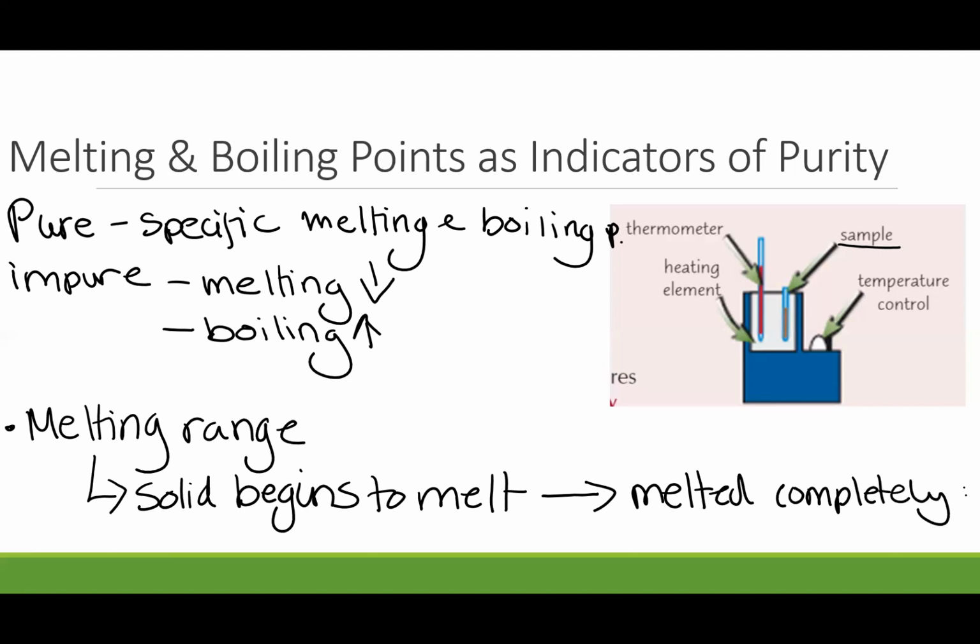Then, once we've got our melting range, we can look up the melting point of a substance in a data book and compare it to our measurements. As we said, impurities in the sample will lower our melting point, and cause our melting range to broaden because it will take longer.